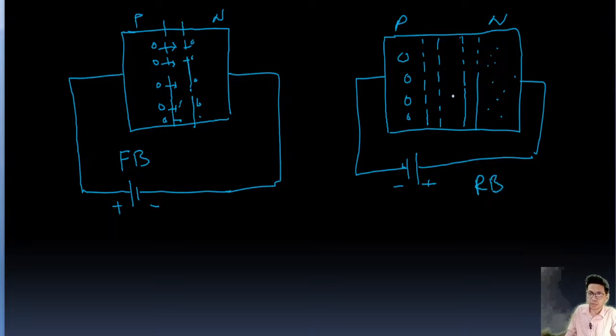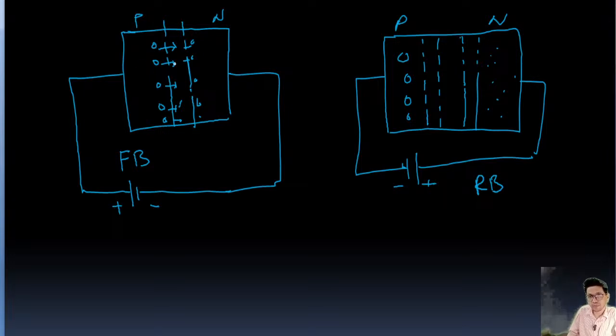So in reverse bias, the depletion layer, the junction layer, will increase in size. The width of this junction will increase in the reverse bias case.